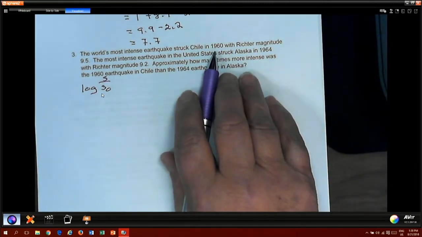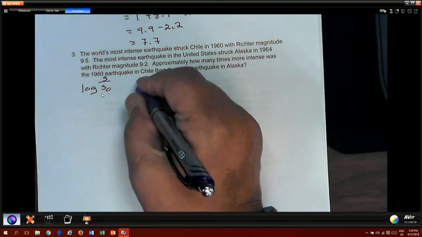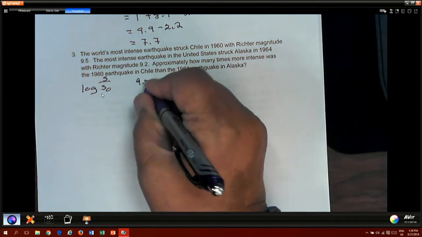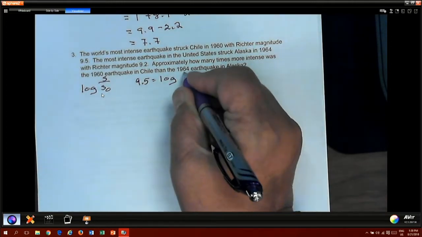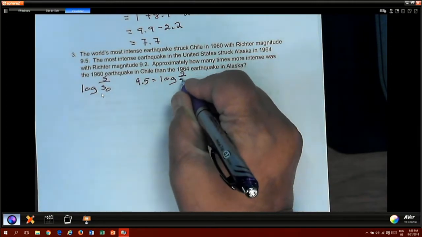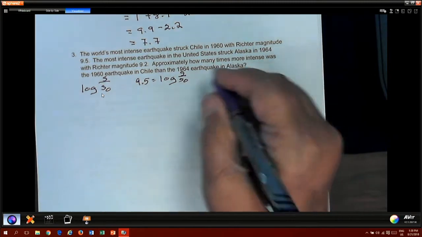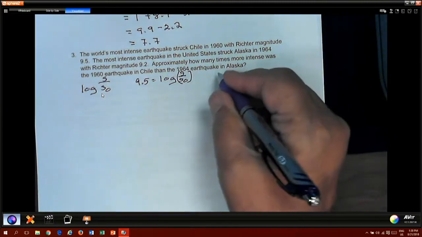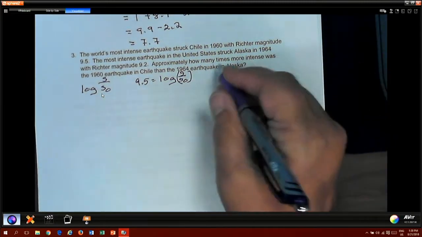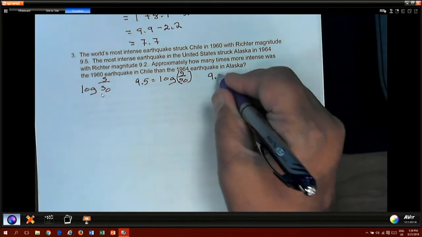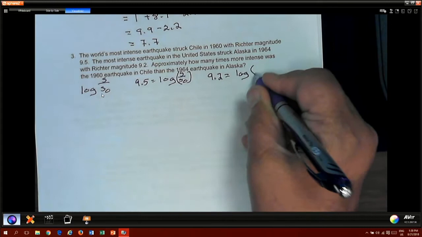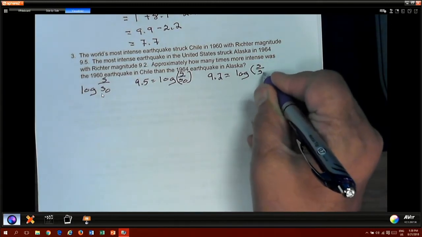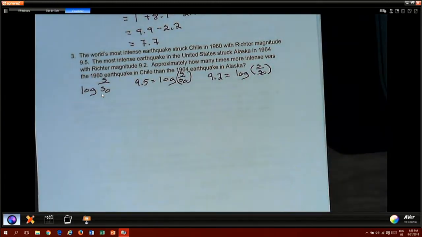So the one in Chile in 1960, we have 9.5 equals the log of S over S sub 0. And for the one in Alaska, we have 9.2 equals log of S over S sub 0.